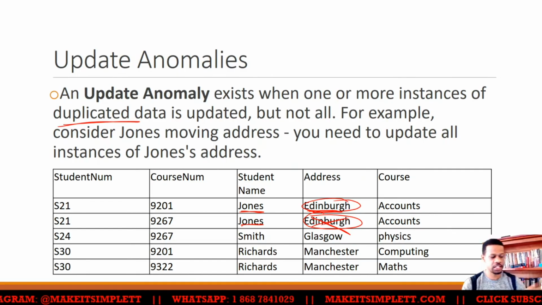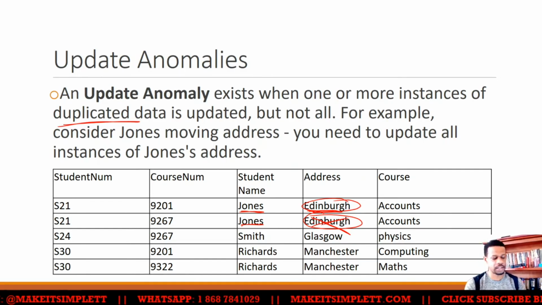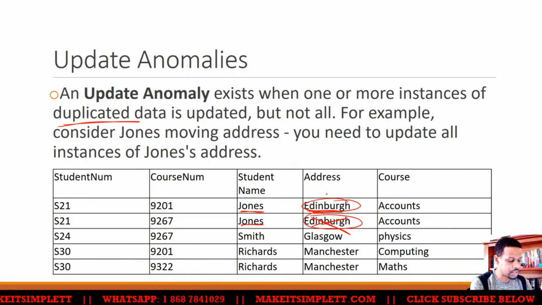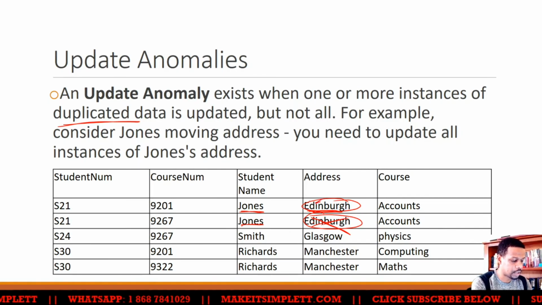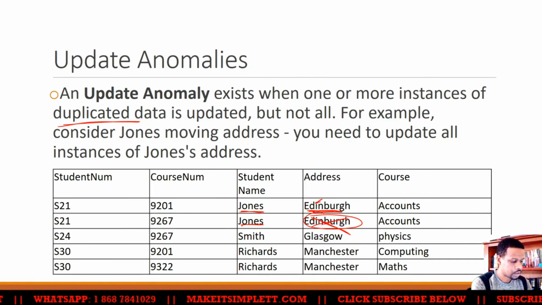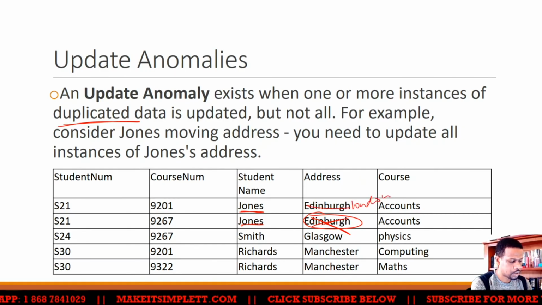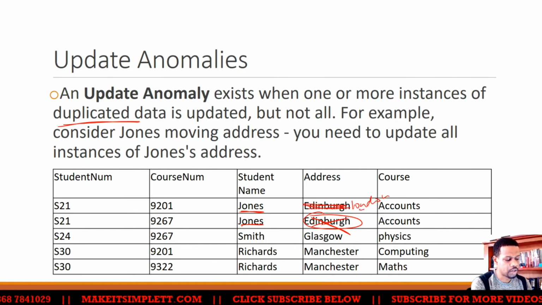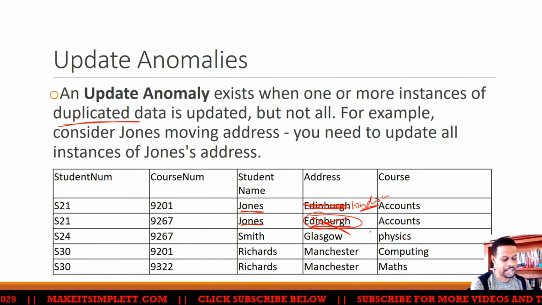So you might change this one from Edinburgh to London, and when you search, you will get back Jones living in London and living in Edinburgh, because you only updated one of the records.